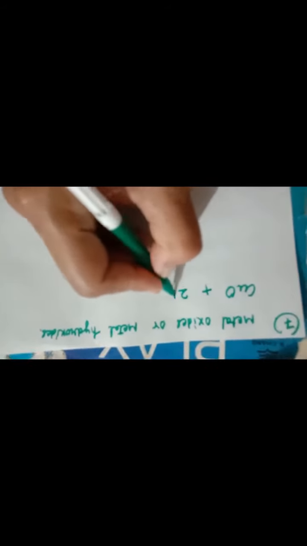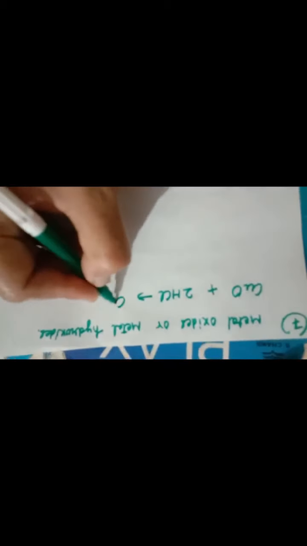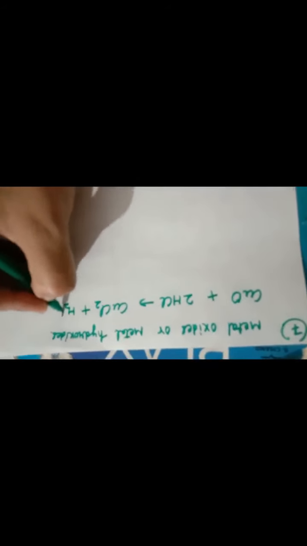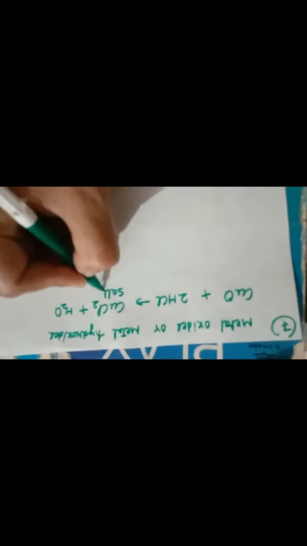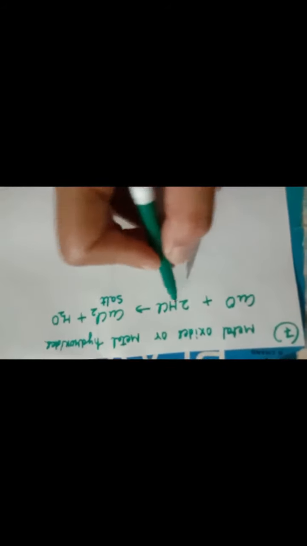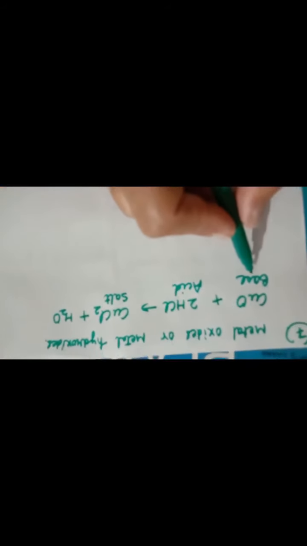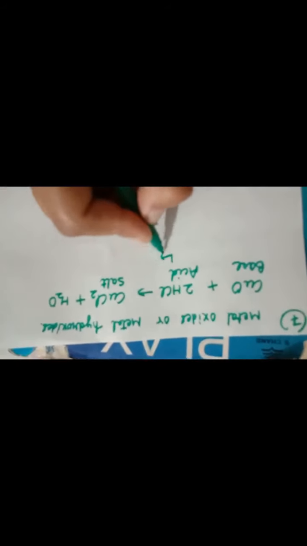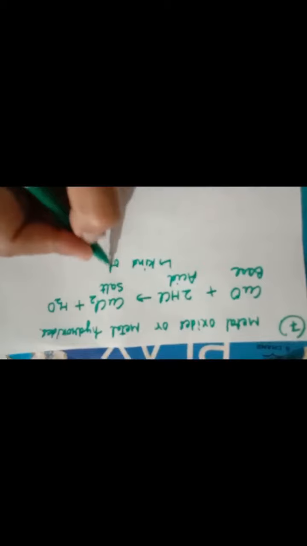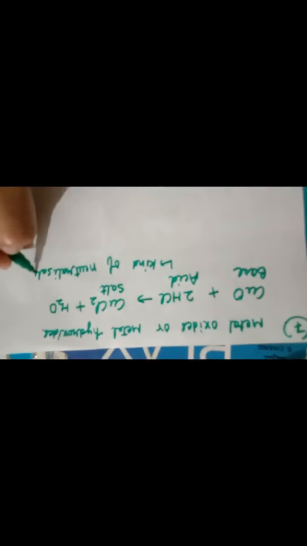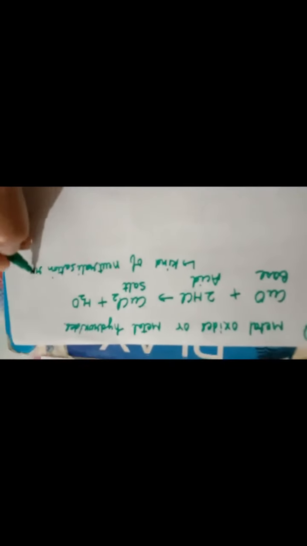It reacts with an acid to form CuCl2, copper chloride, and water. So this is a salt. This is an acid, and the metal oxide acts as a base here. So acid reacts with the basic solution to form salt. So it is also an example of a neutralization reaction.